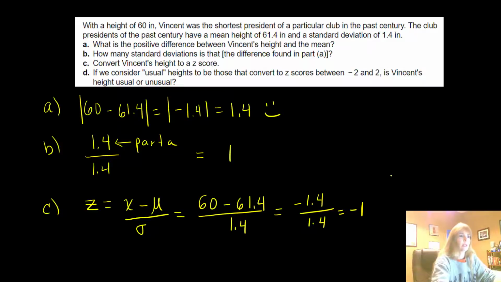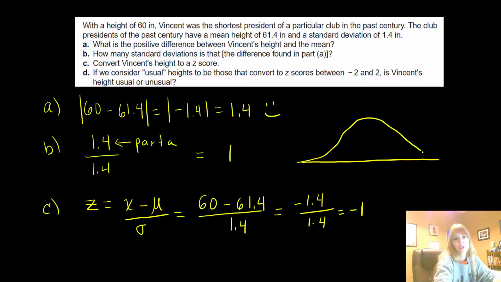It says if we consider unusual heights to be outside of between negative 2 and 2, is Vincent's height usual or unusual? Well, let's get you in the habit of saying, if this is from a normal distribution, your bell-shaped curve, then right down the middle is the mean that they give us, 61.4. Vincent is below the mean at 60.